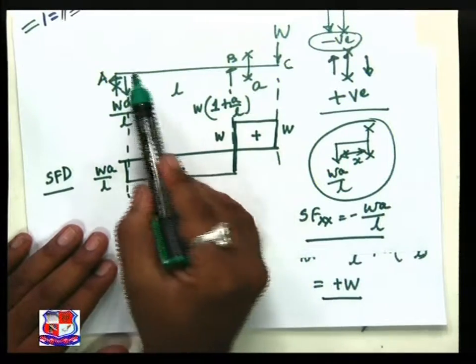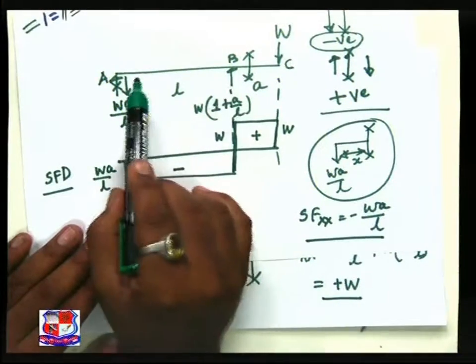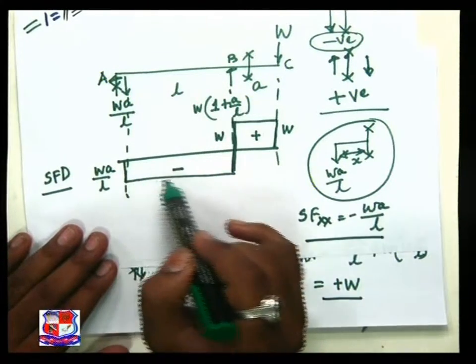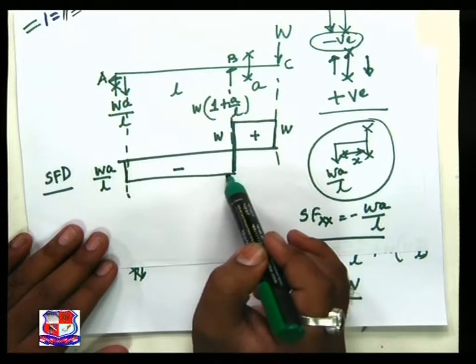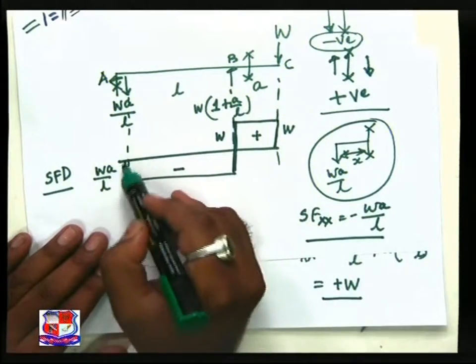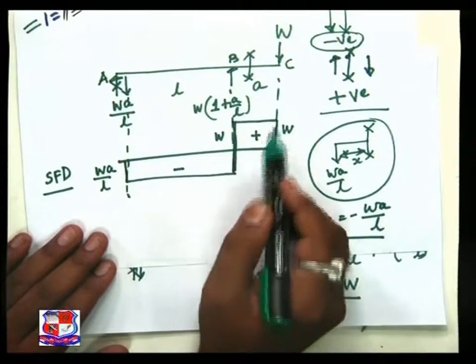Second, between two point loads, if there is no load, the variation of shear force is given by a horizontal straight line. At a point load, the shear force suddenly changes over here, over here, over here.